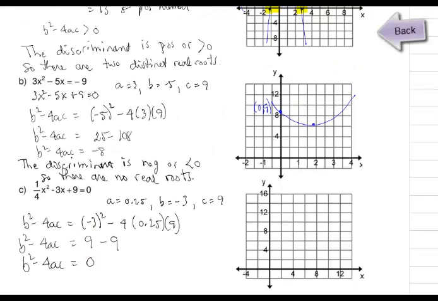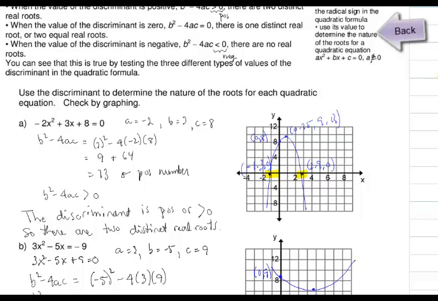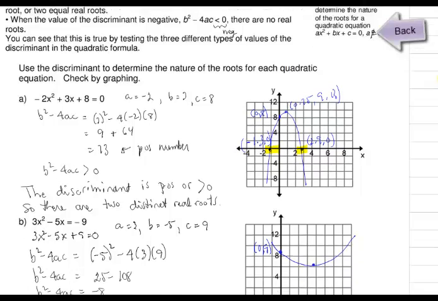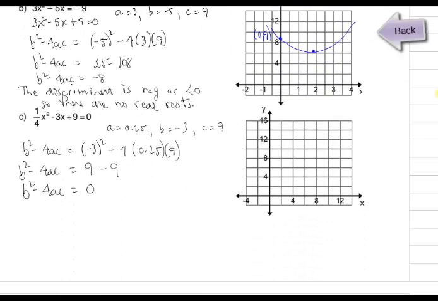So if we go back up here, when the value of the discriminant is 0, in other words, b squared minus 4ac equals 0, there is one distinct root, or if you like, two equal roots. So the discriminant is equal to 0.